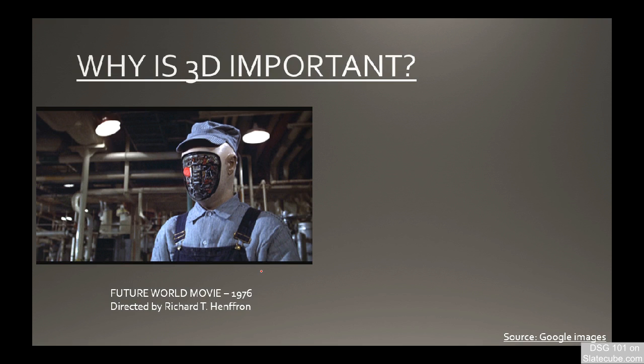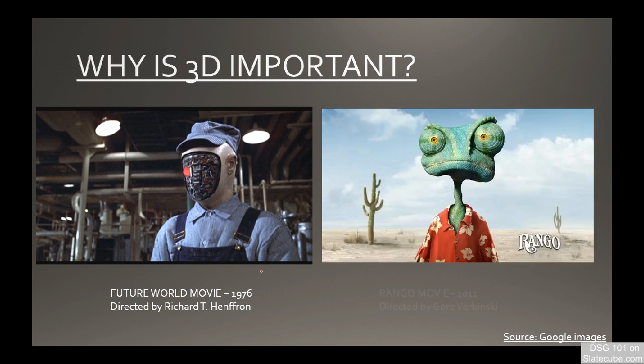That's one of the simple things you can do with 3D currently. The next example was a very interesting movie I watched, with a very beautiful storyline. I really loved the characters and the expressions on their faces. This movie was directed by Gore Verbinski, and it's a very beautiful animation.